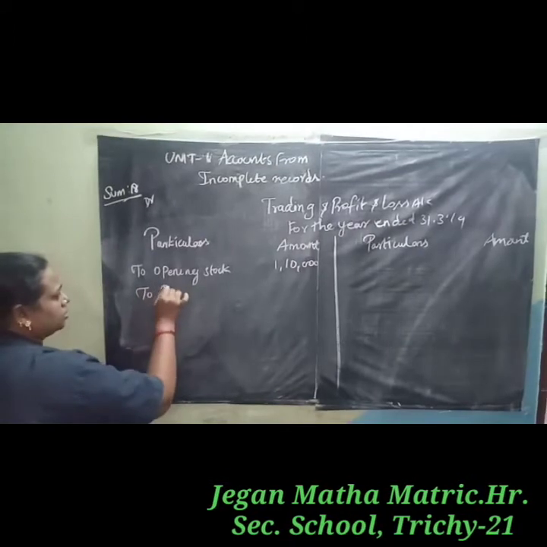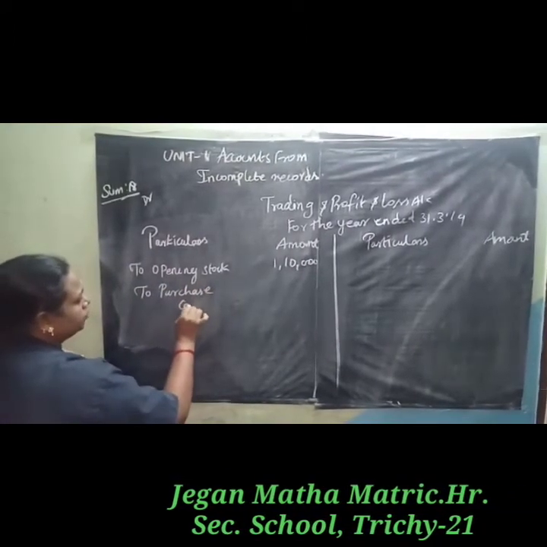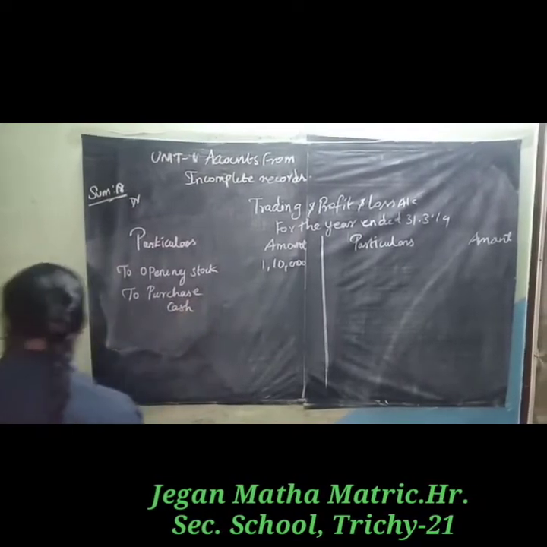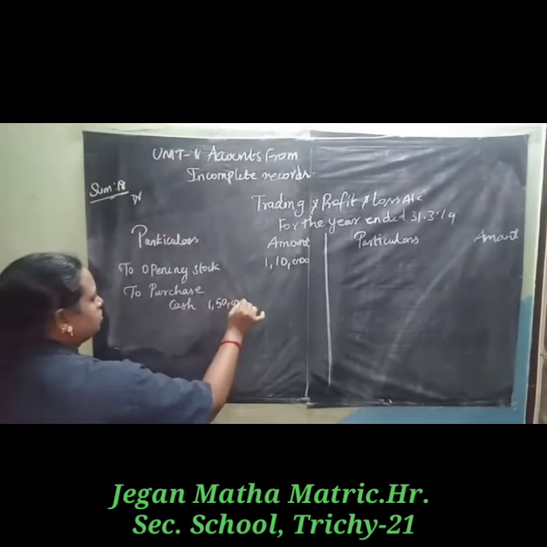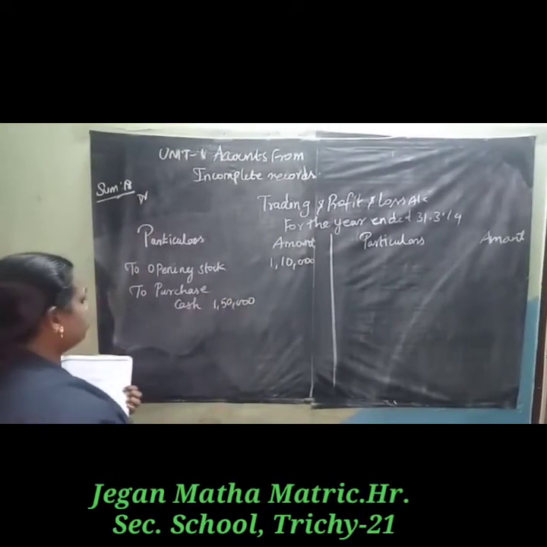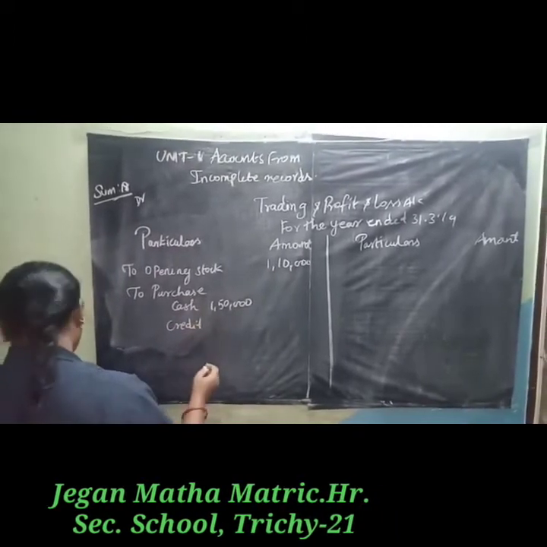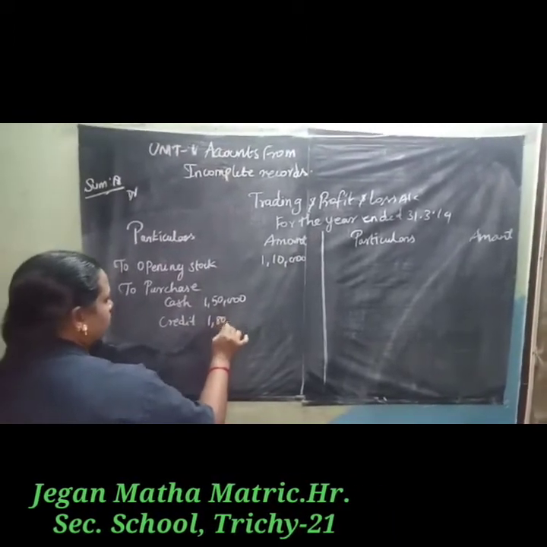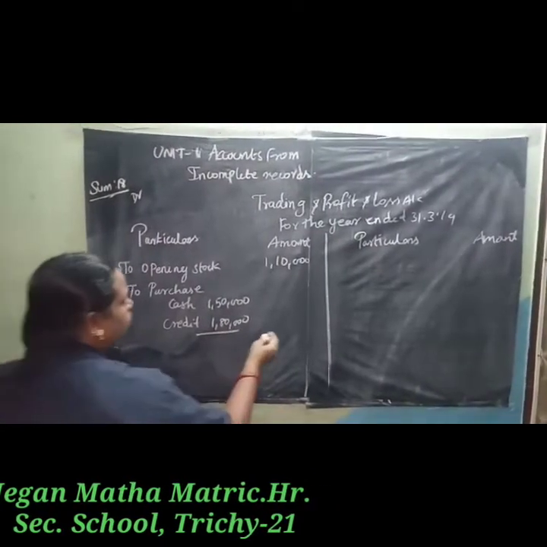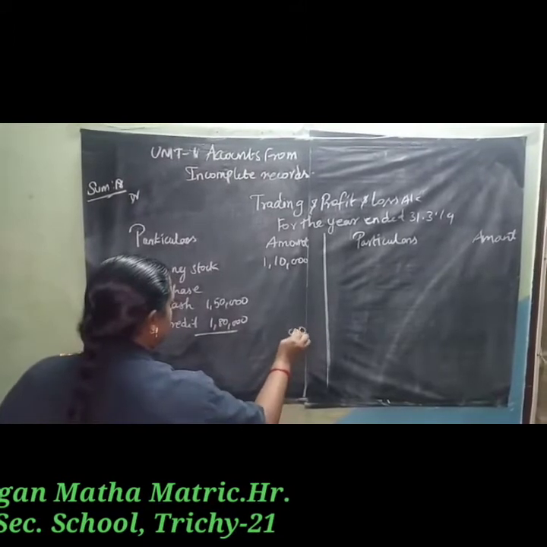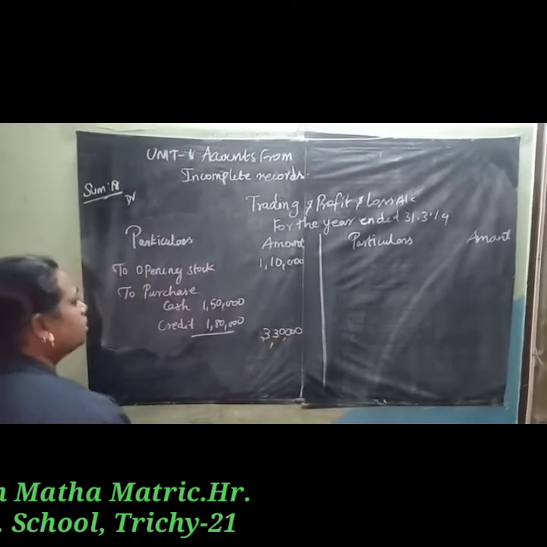Cash purchase and credit purchase are both given. Cash purchase 1,50,000 in the cash book. Next credit purchase 1,80,000. We add these: total 3,30,000.